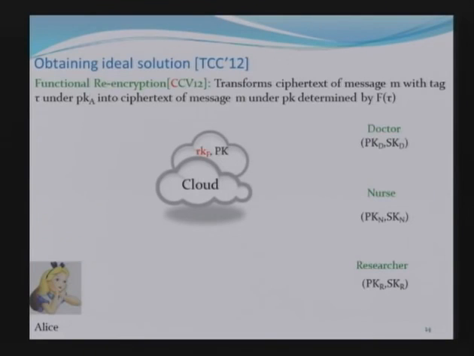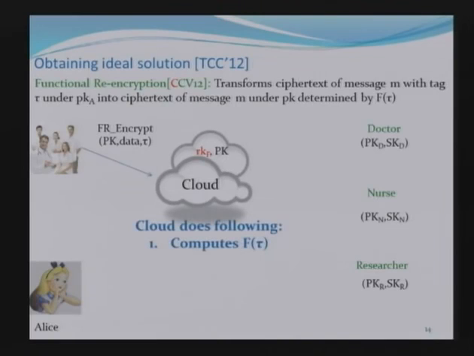Okay. Now Alice goes away. She doesn't need to be involved in the process anymore. Okay. Now when hospitals encrypt the data, they're going to make use of the functional re-encryption algorithm to encrypt data along with some tags. And they're going to send this to the cloud. The cloud is going to do the following in some oblivious manner without learning anything.